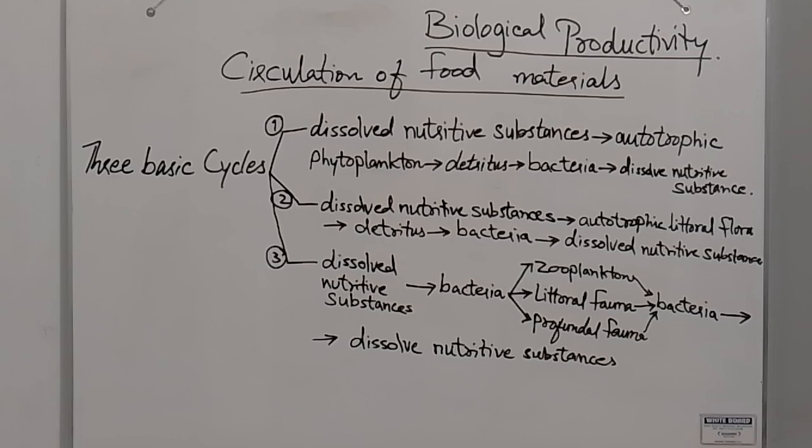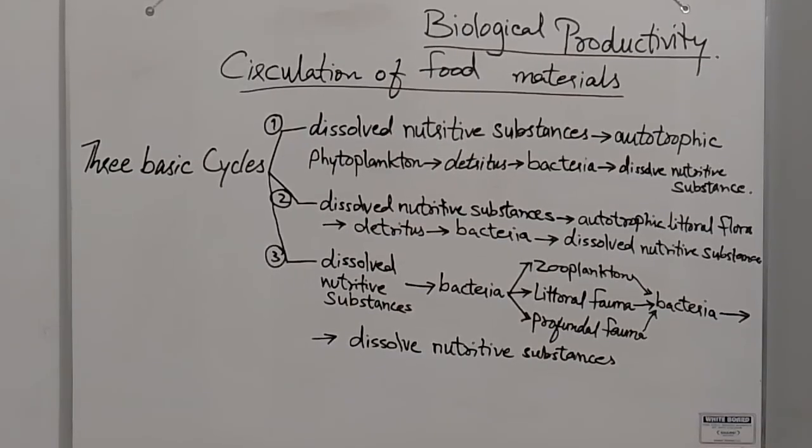Circulation of food material is not a simple single cycle, but a combination of complicated cycles. For example, here we can see three basic cycles.